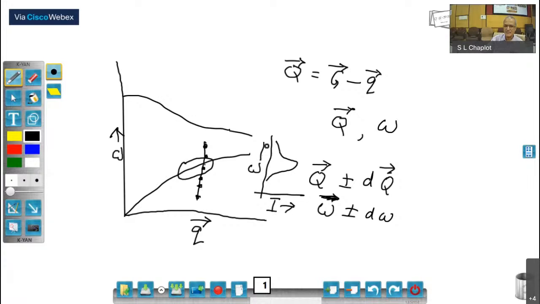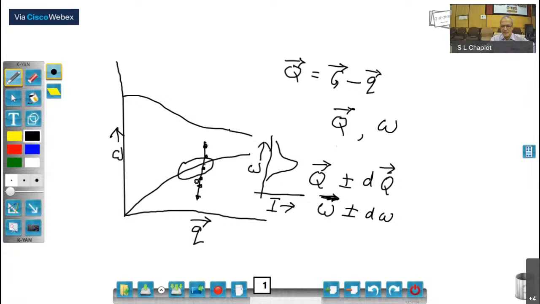That's a scan. The scan is a constant Q scan, so the Q is constant, and I'm only varying the energy transfer and measuring the intensity. So that gives a peak.